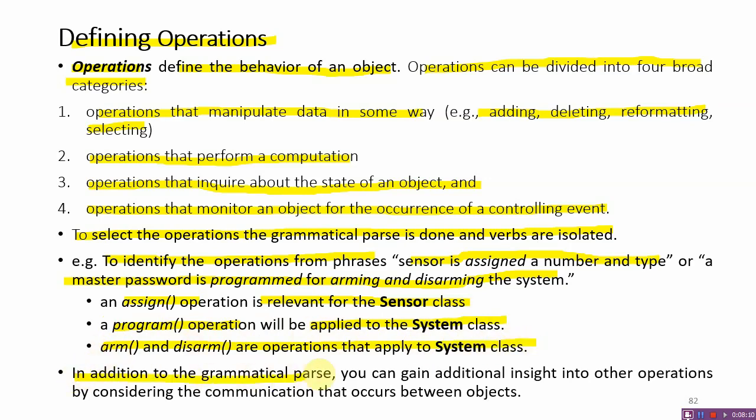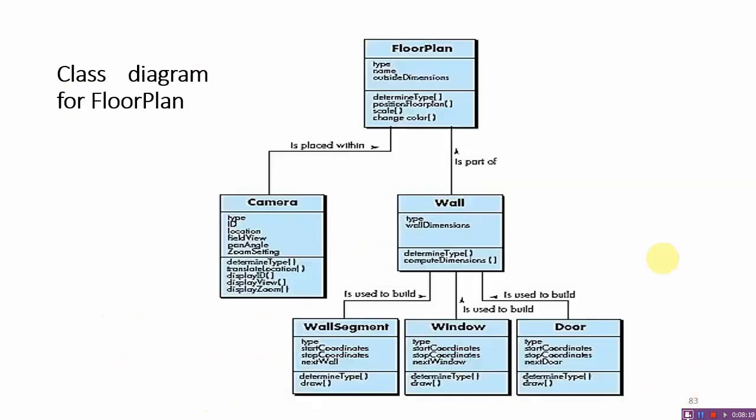In addition to the grammatical parts, you can gain additional insight into the other operations by considering the communication that occurs between the objects. So let us consider the class diagram for the floor plan. Basically, the floor plan is needed to monitor the home. So for home surveillance, we need to monitor and set up the cameras by making use of this floor plan.